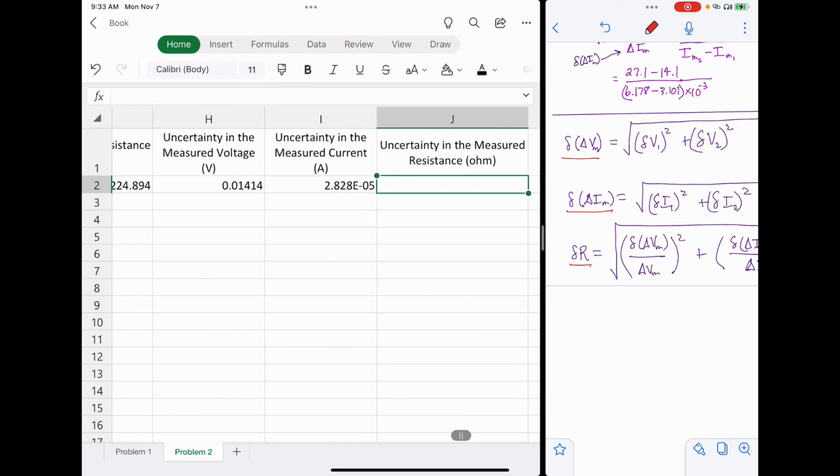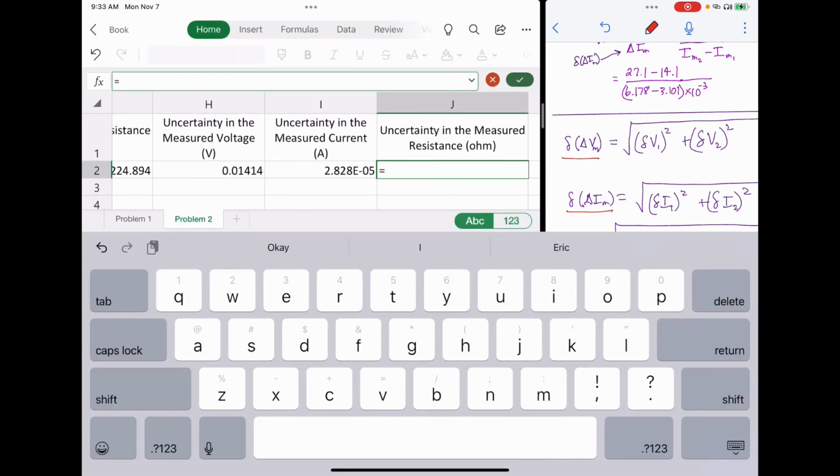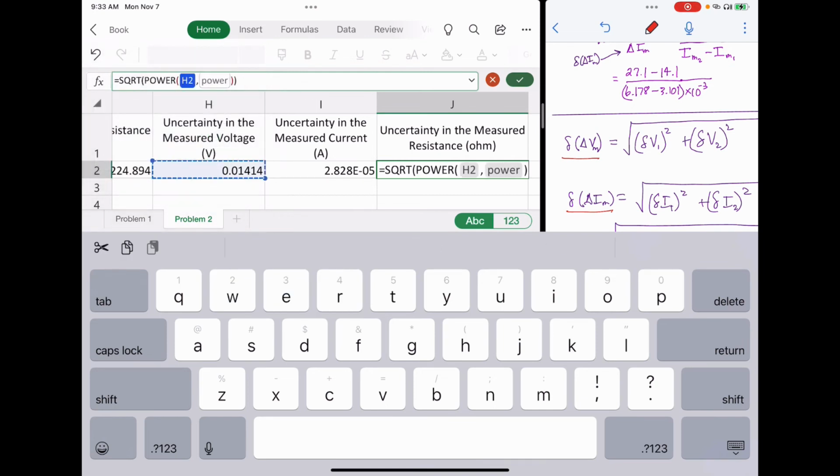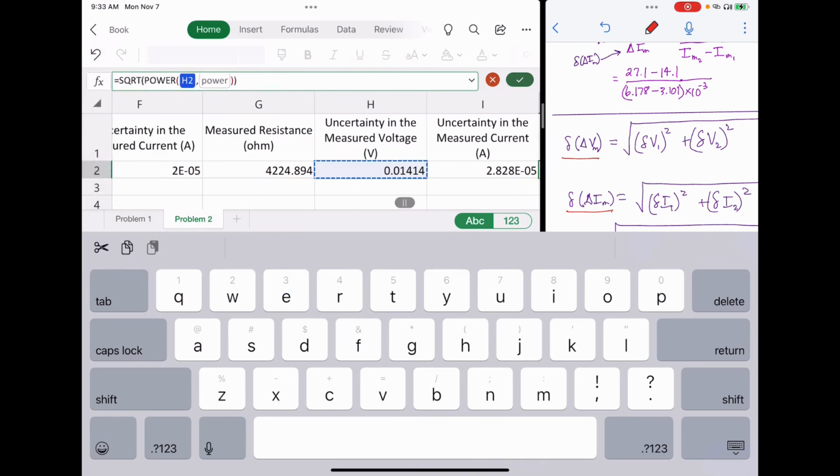So now we can find the uncertainty in the measured voltage. All right. Okay. So let's do this. This is going to be equal to, so now we have our uncertainty. So SQRT, and then we're going to have the power. So we're going to have the uncertainty in our voltage, and our measured voltage.